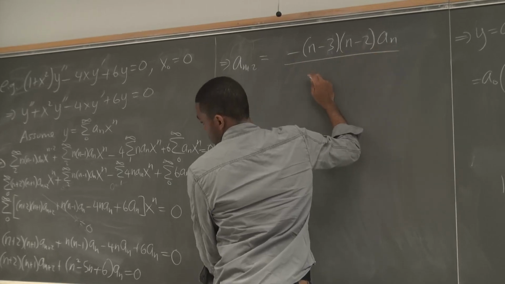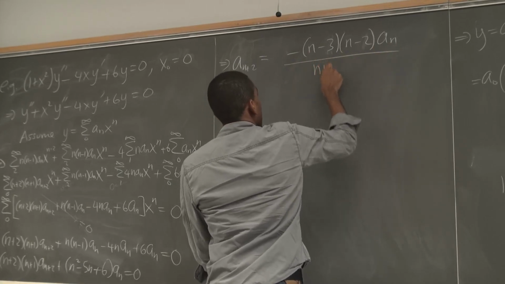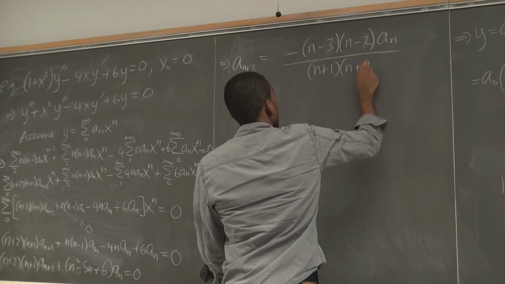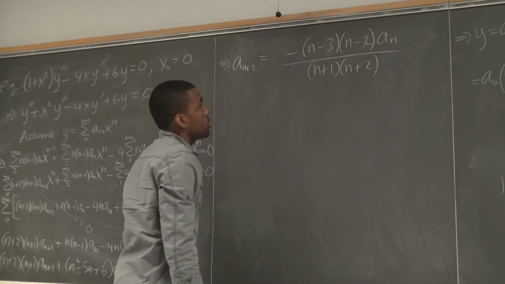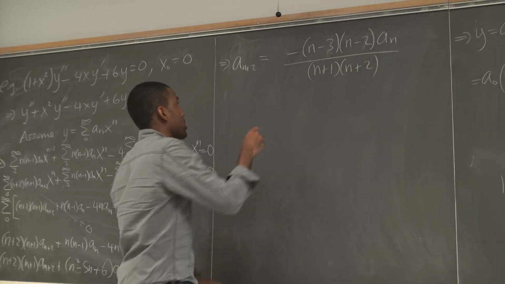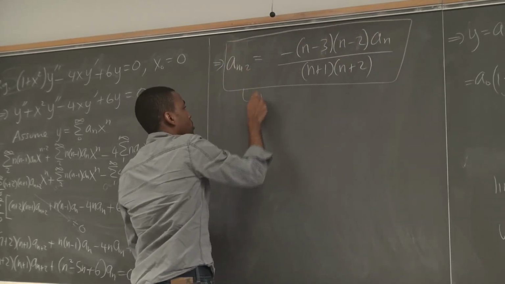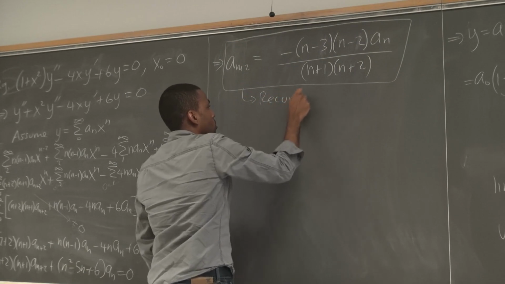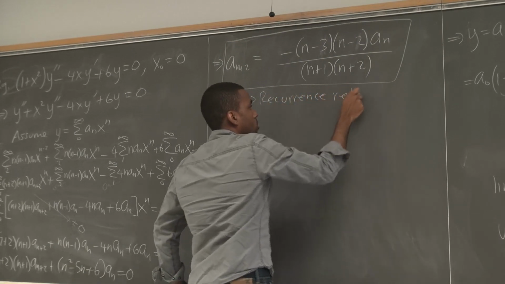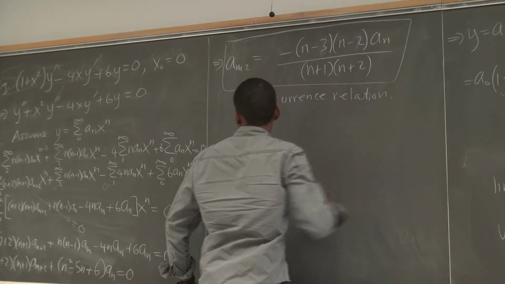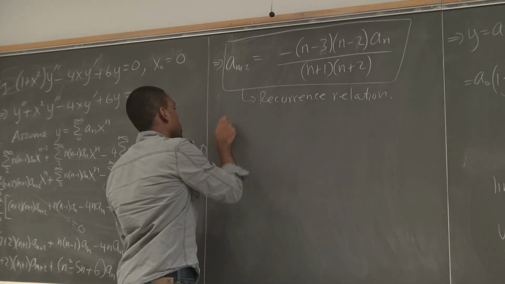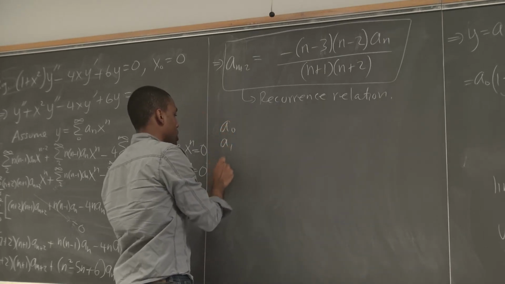All over n plus 1, n plus 2. So nothing gets to cancel. So this here is the recurrence relation. A0 and A1 are themselves free.